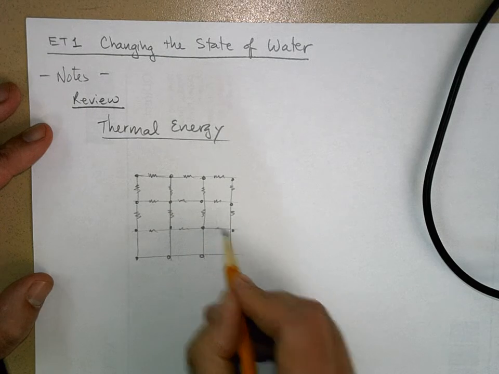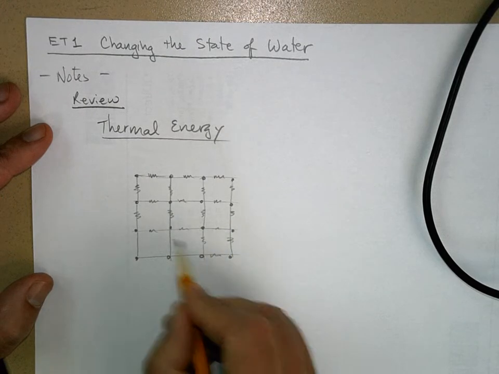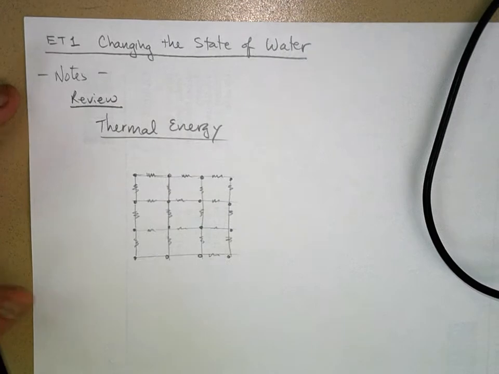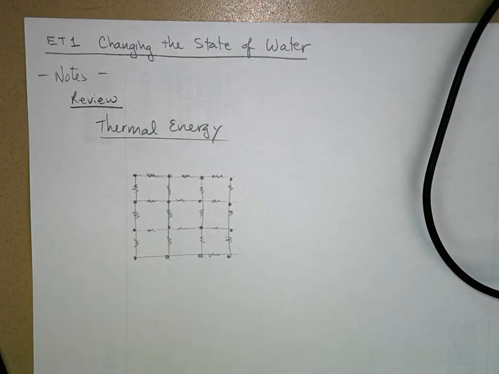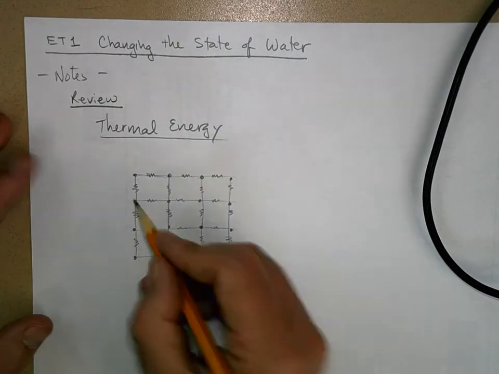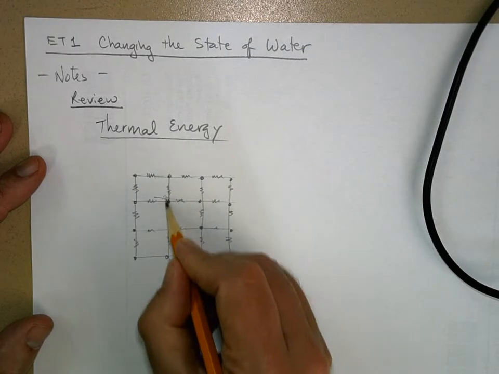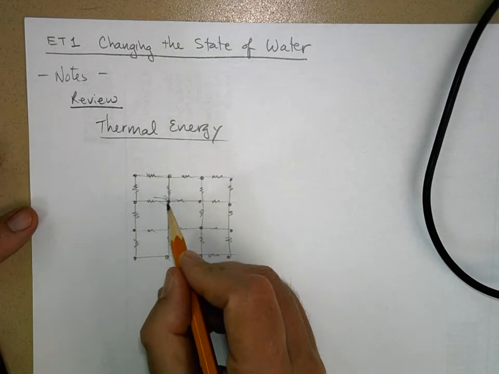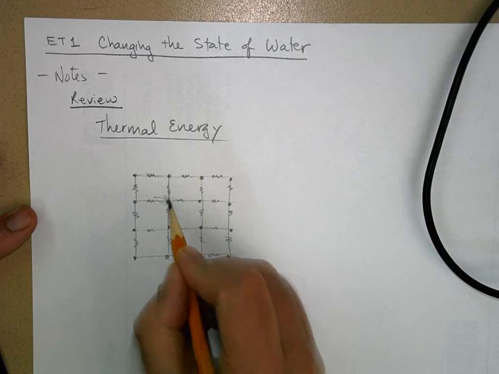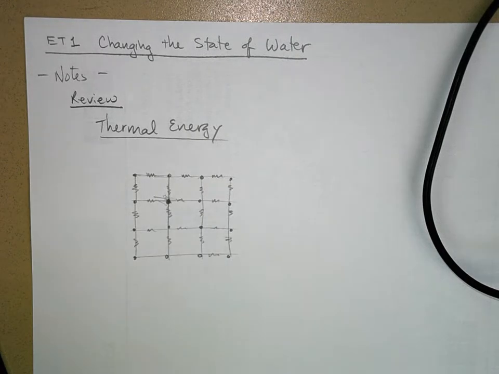So little springs between each of the molecules of water, H2O, and they're vibrating. Like this molecule right here is moving around, but it's held at this average location right here. It's held there by the bonds that it has with the other water molecules.